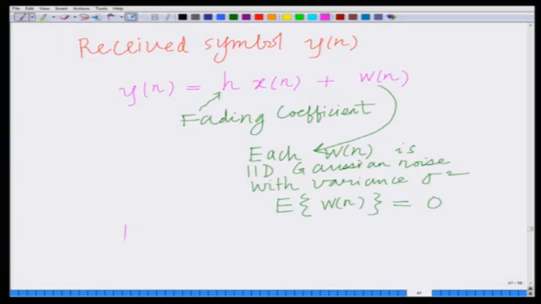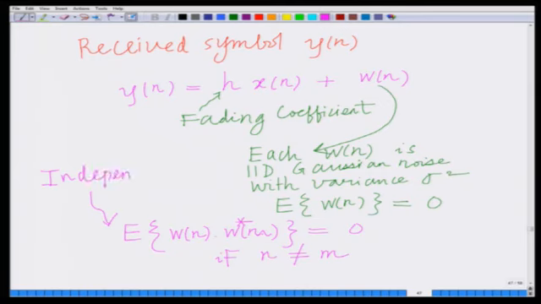Therefore, we will have expected value of Wn times Wm conjugate equal to 0 if n is not equal to m, and this follows from the independence of the noise samples.